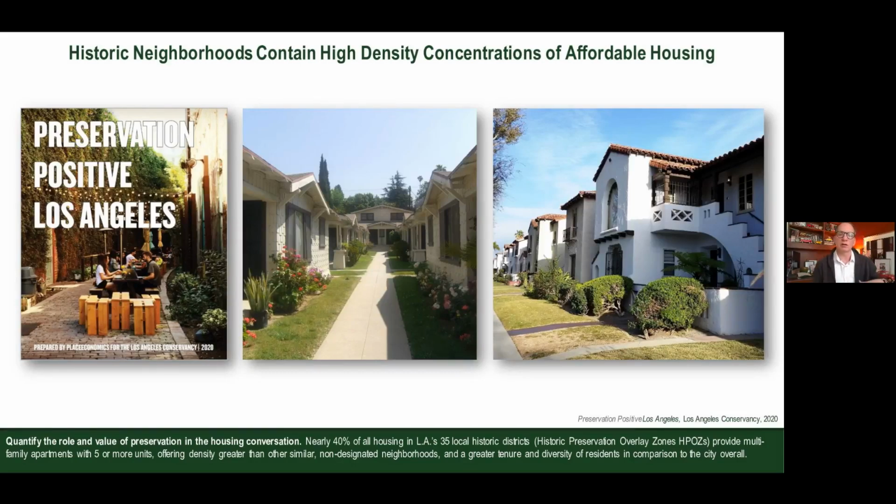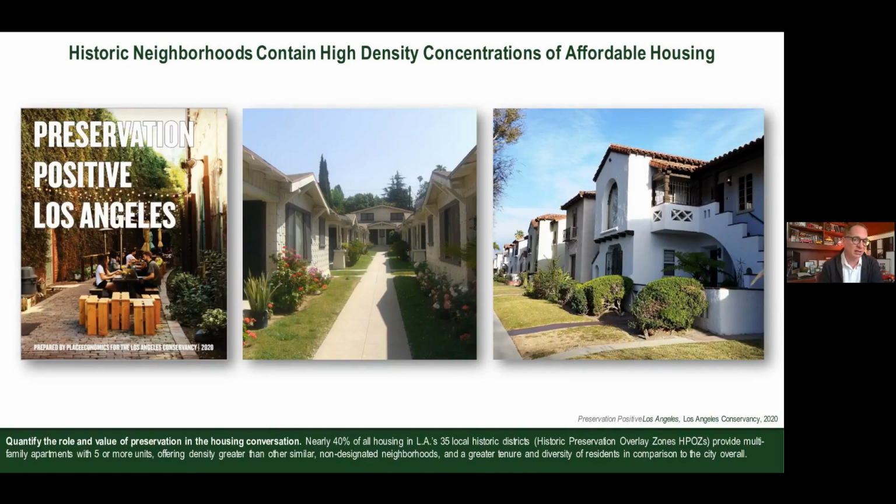Some of those districts are clearly predominantly single family. A lot of those districts have a mix of single family and multifamily. And one of the things that was surprising even to us was that nearly 40% of the housing in the aggregate of all local historic districts in Los Angeles is providing multifamily apartments of 5 units or more.